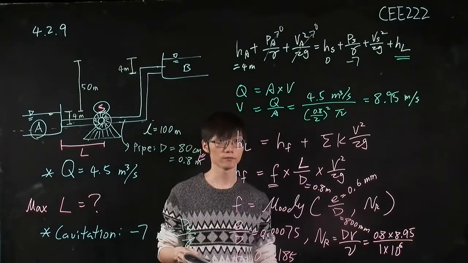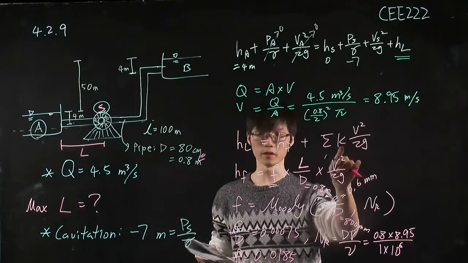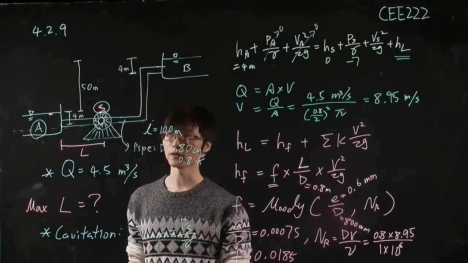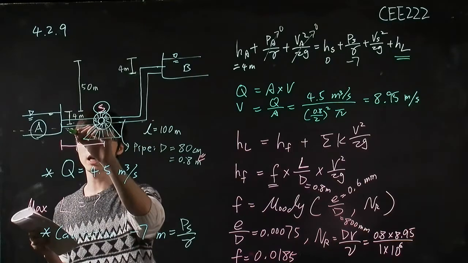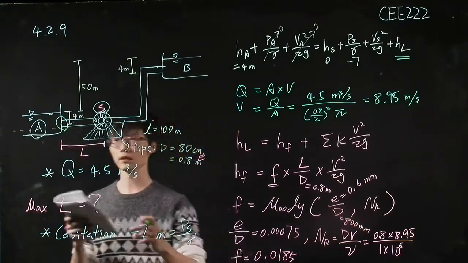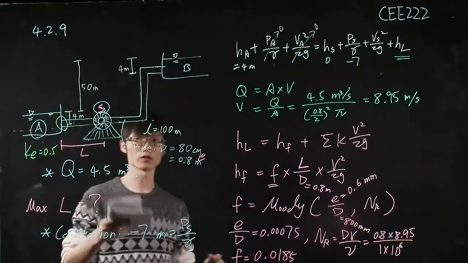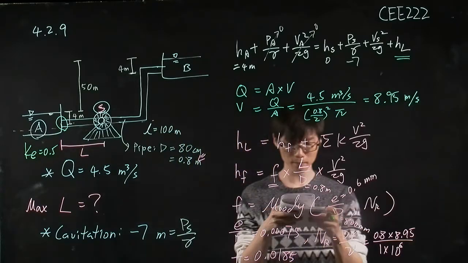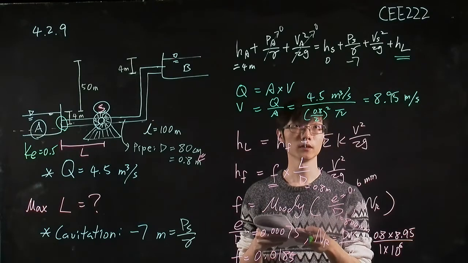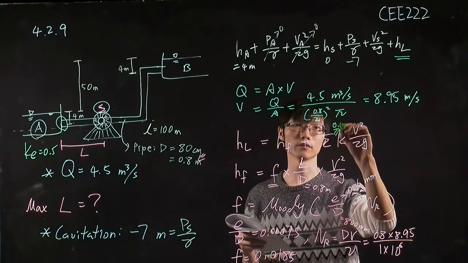So now we know the friction head loss. So what about the minor term? The minor head loss here, we only have the entrance minor head loss, and the coefficient for the entrance is equal to 0.5, as we used this value in previous problems as well. So we know this summation of k is simply equal to 0.5.